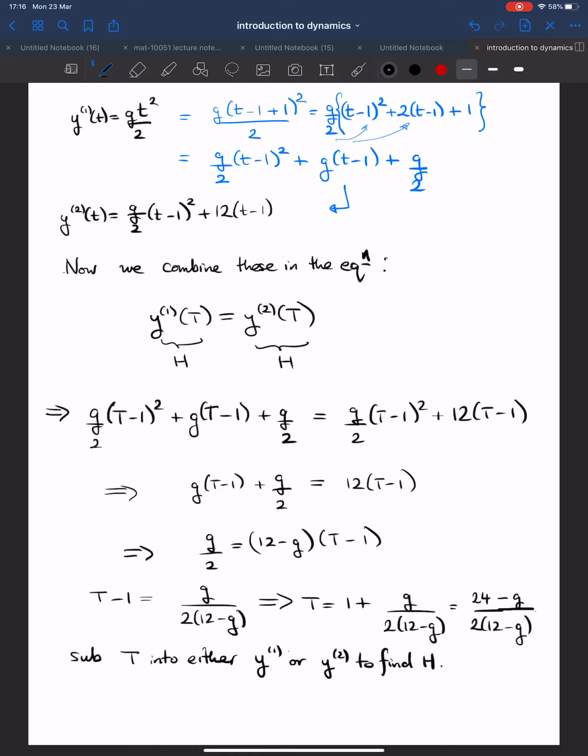Of course, if I look at this thing, I immediately throw up because I have to do quite a lot of algebra in this case. So if I look at this one, which is the original y1 that we started with, looks good to me. Just a point, what I was saying before was this is positive. So if g is 9.81, then of course 24 minus 9.81 is positive, 12 minus 9.81 is positive.